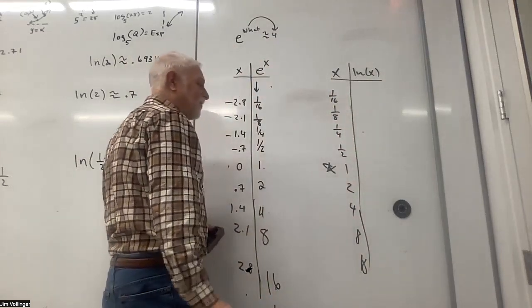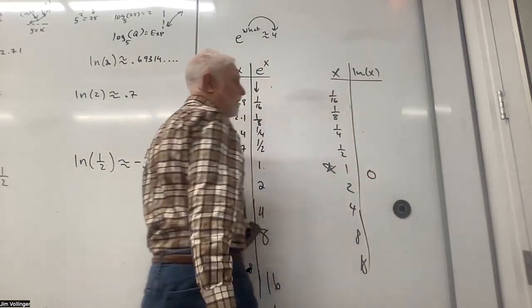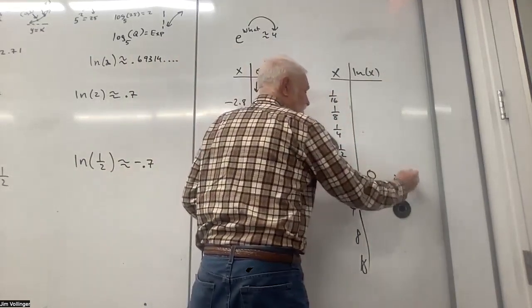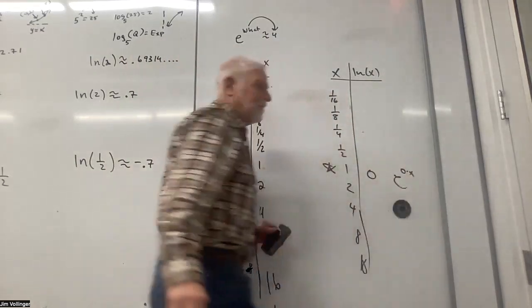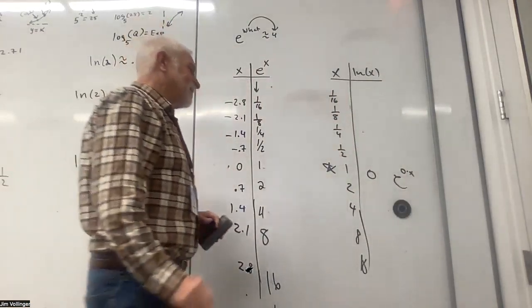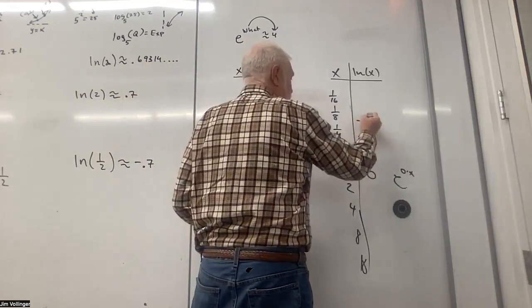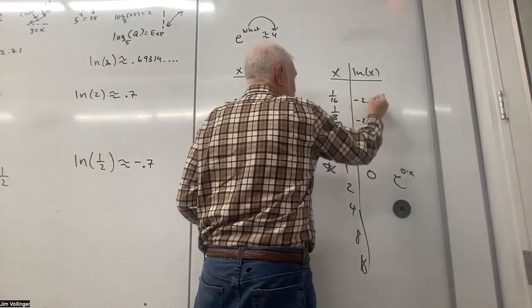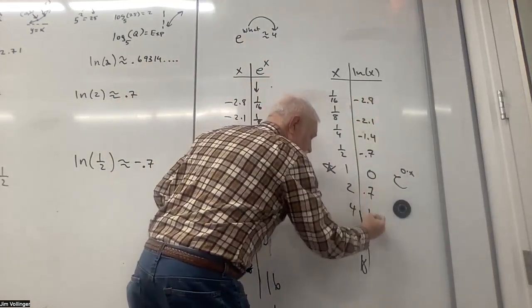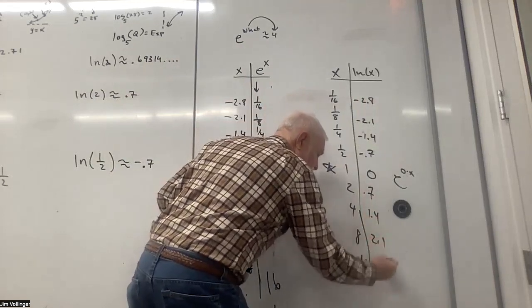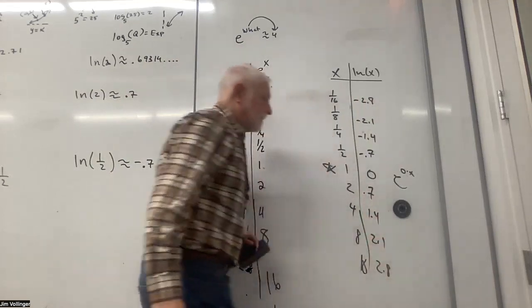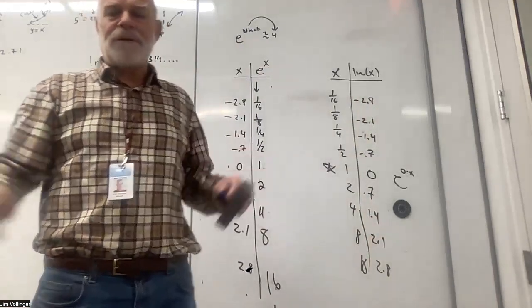So what do we have for answers here? 0, which actually is e to the 0x. We don't have any growth or decay there. Negative 0.7, negative 1.4, negative 2.1, negative 2.8, 0.7, 1.4, 2.1, 2.8, etc. So let's go over and graph it and see what it looks like.